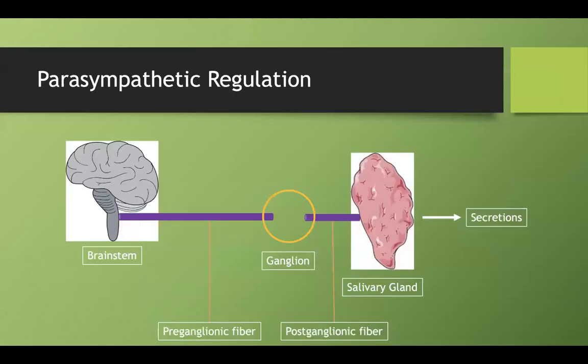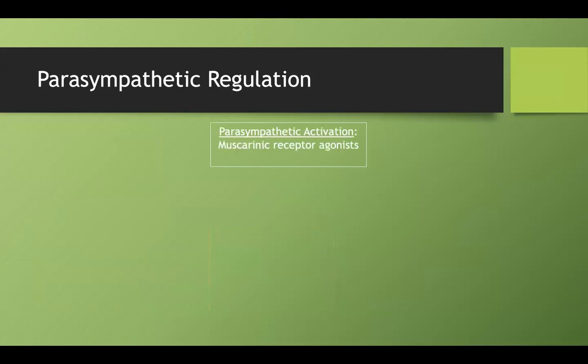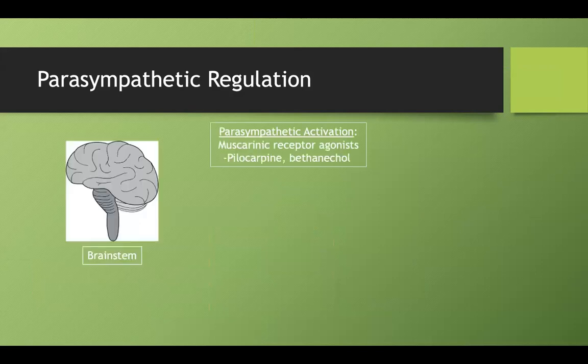So let's go back to our picture. This is our parasympathetic regulation framework that we talked about already. So what happens when we activate it with a muscarinic agonist, for example? We'll have our brainstem send our signal. That signal will reach a ganglion and acetylcholine is released.